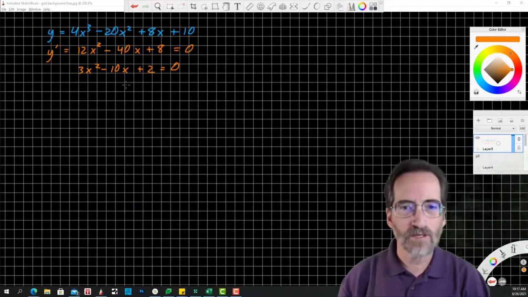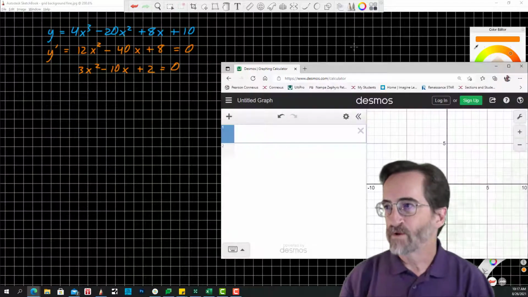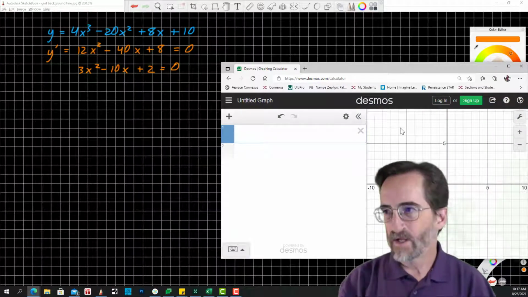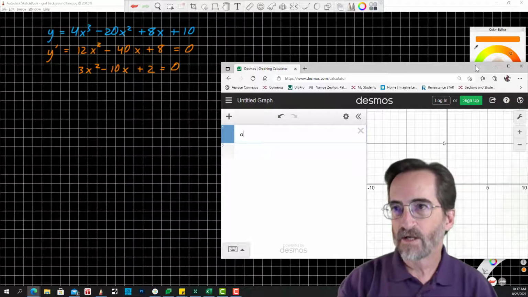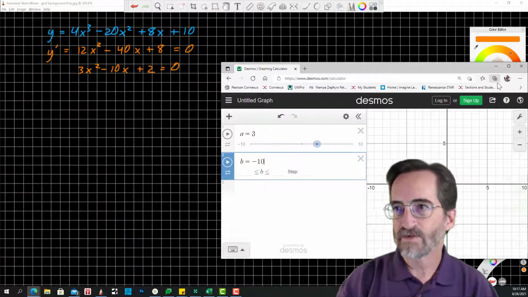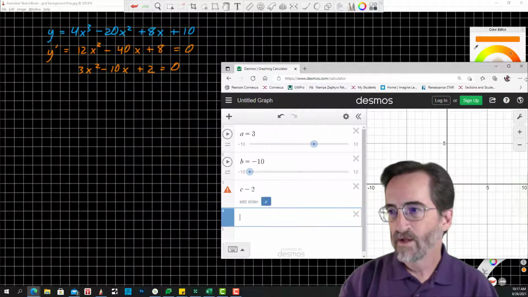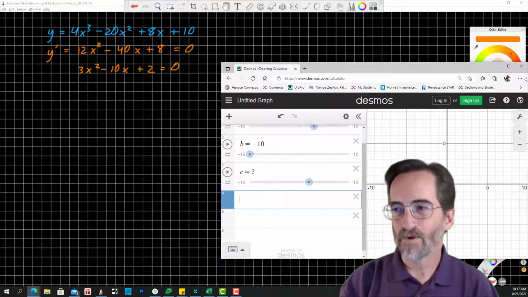For that, I'm going to use my Desmos calculator here. You can use your TI-84 or any calculator that you've got. I'm going to say A equals 3, B equals negative 10, and C equals 2. I love doing the quadratic formula this way.